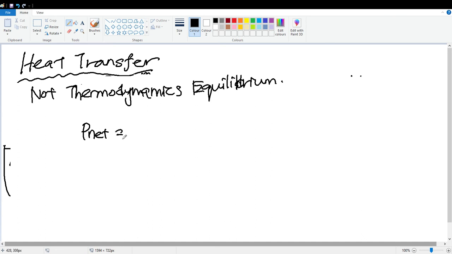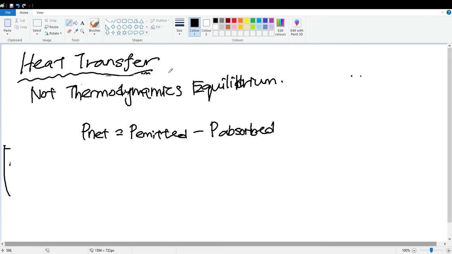So I can conclude that my net power is equal to the power emitted minus the power absorbed.